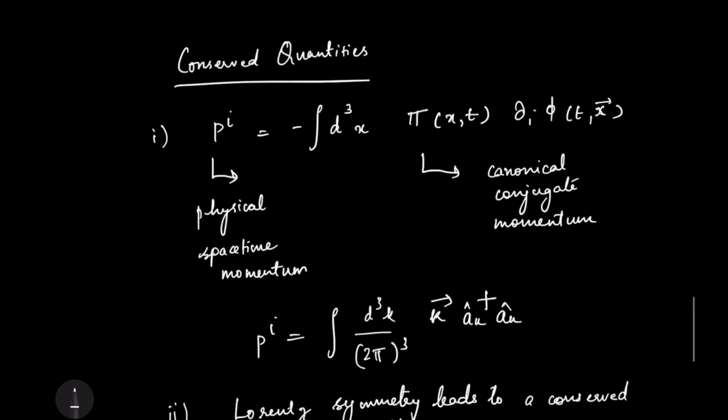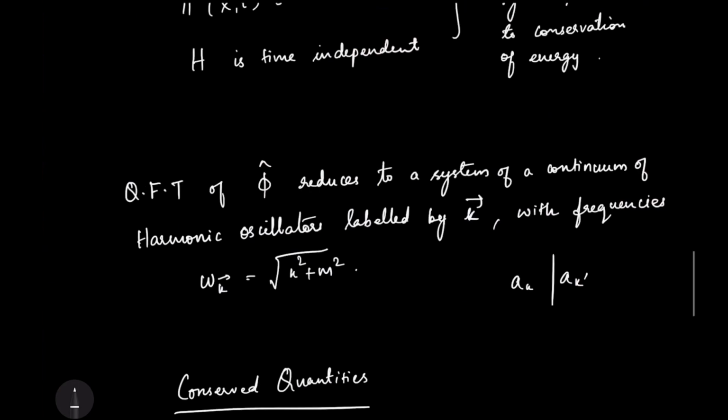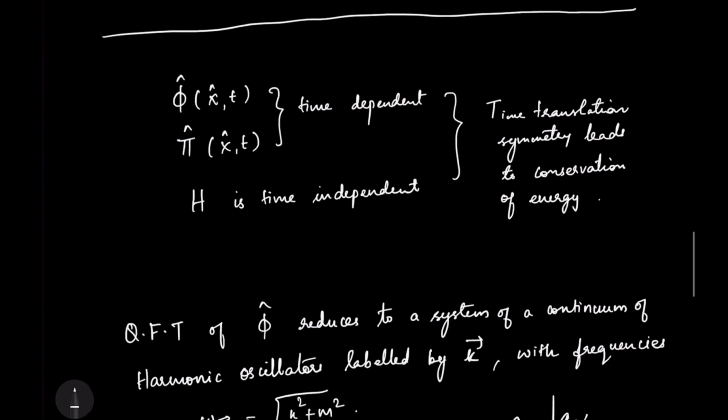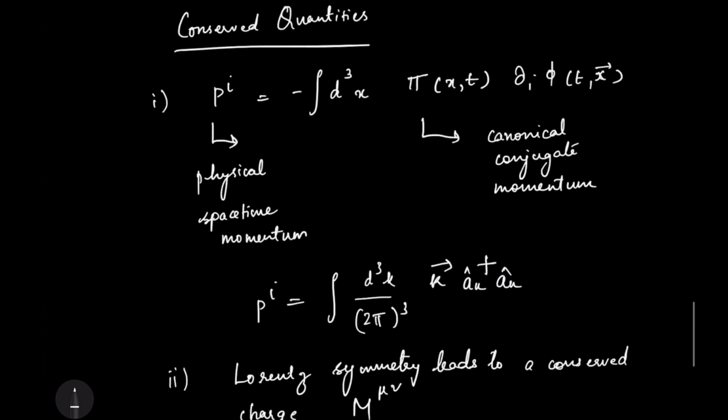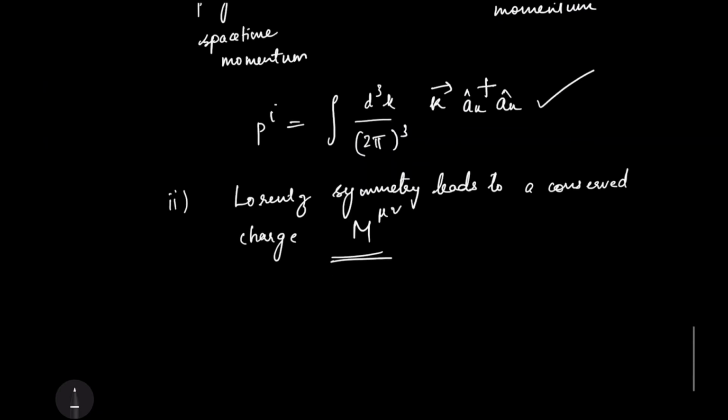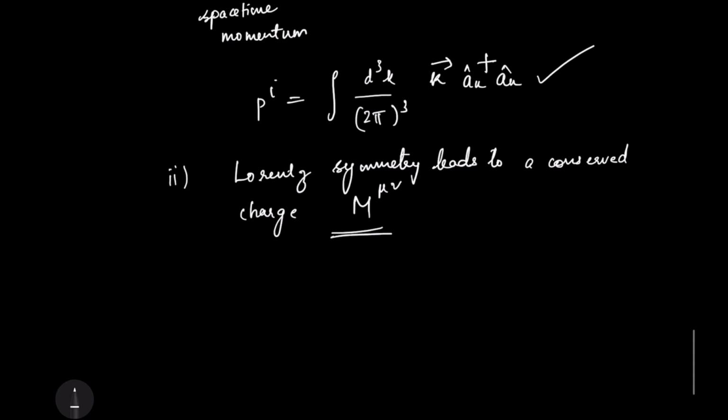Okay, so first we have seen that time translation symmetry leads to conservation of energy. Then for spatial translation, the momentum is conserved, and the conserved momentum is given by this expression. And the system also has a Lorentz symmetry, which leads to a conserved charge M mu nu.